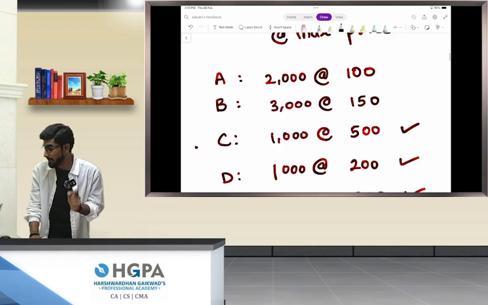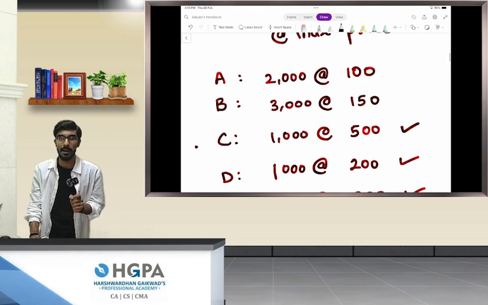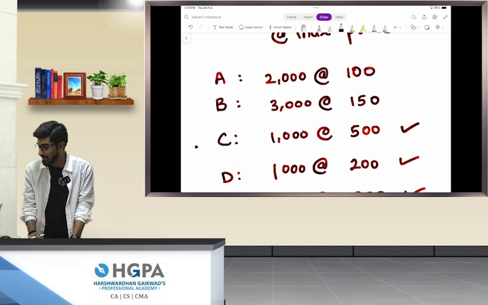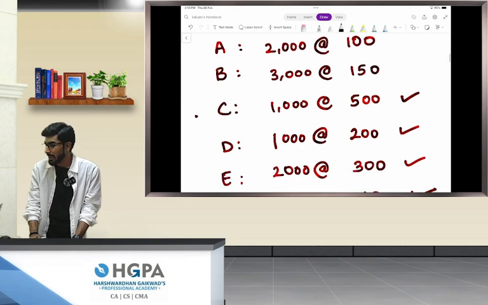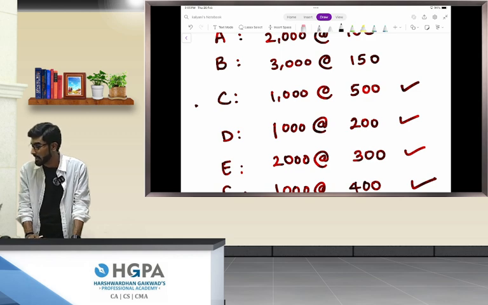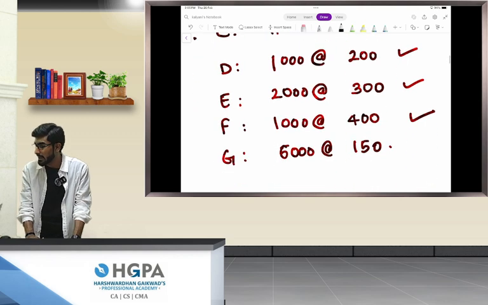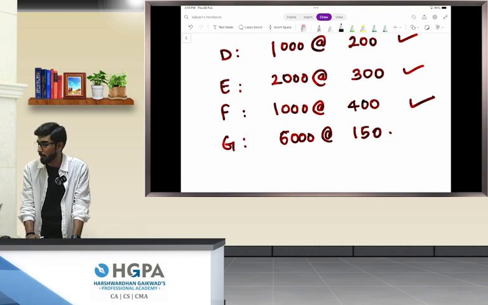C says 1,000 shares I will subscribe at rupees 500. D says I will purchase 1,000 shares at rupees 200. E says 2,000 shares at rupees 300. F says 1,000 shares at 400. G says 6,000 shares at rupees 150.